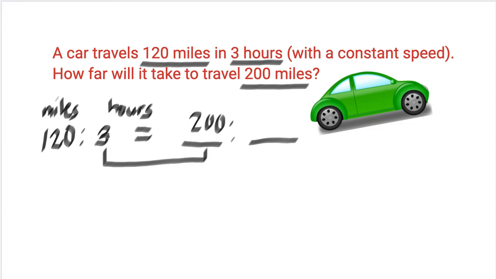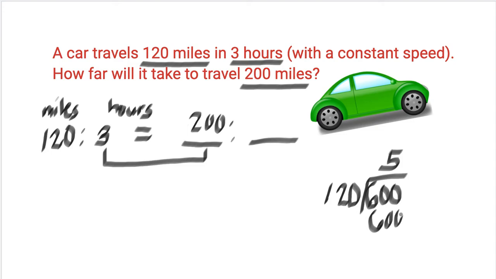So we will just multiply those. 3 times 200, the answer is 600. Again, 3 times 200, the answer is 600. Then divide by the remaining number, which is 120. So 600 divided by 120 gives us 5. 5 times 120 is 600. Then subtract. The answer is 5.